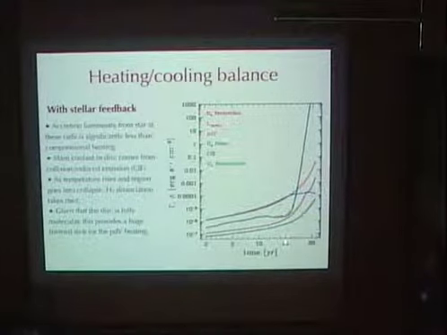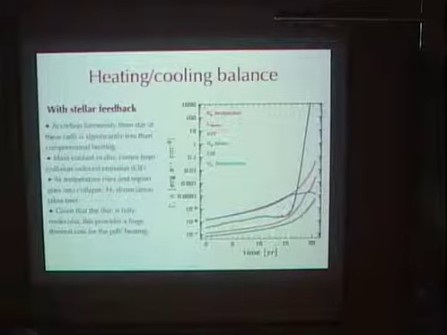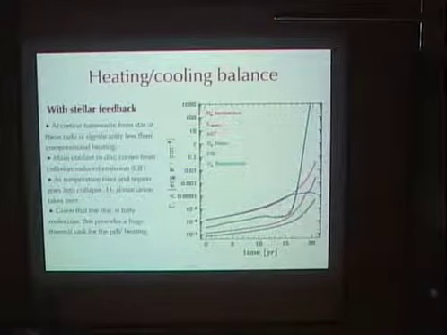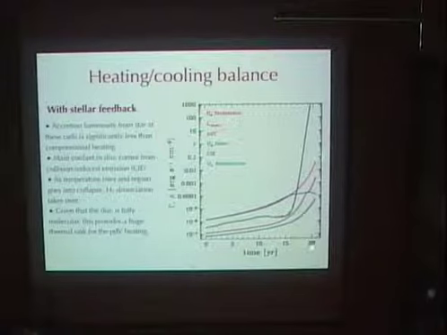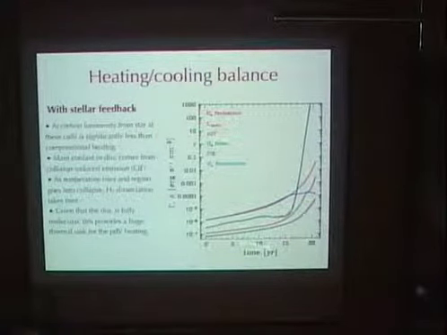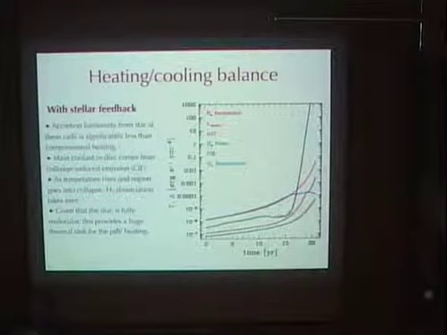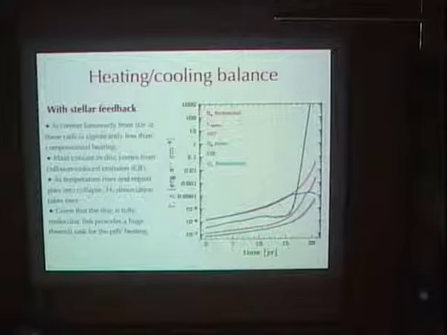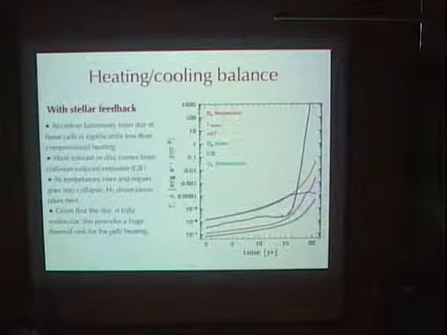In this plot, I'm showing the main thermodynamic processes that are operating in the disk. This is looking at the parcel of gas that ultimately forms the second protostar in our simulations. The protostar formation in this case actually happens at t equals 20, starting with t equals 0 at some arbitrary point. At these times, the gas is still in the disk.